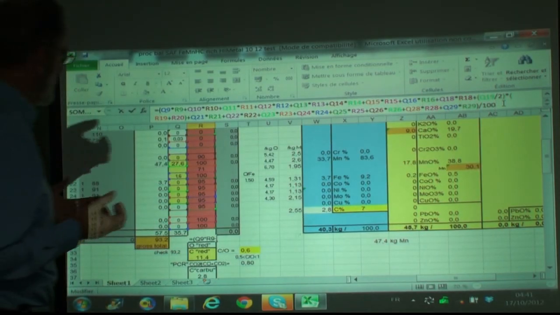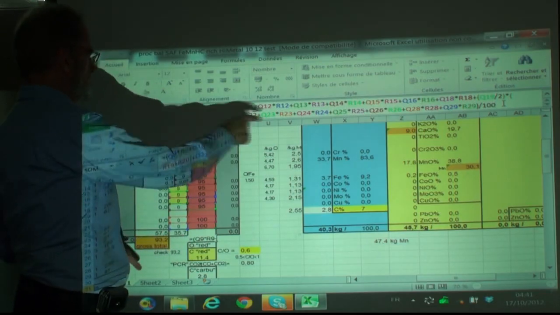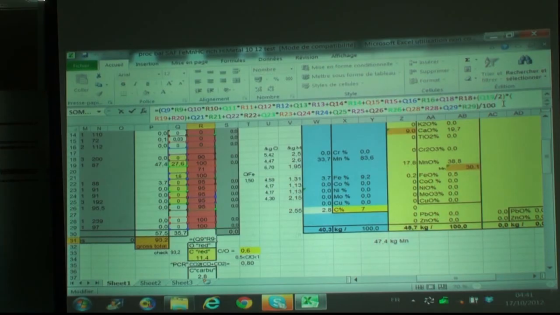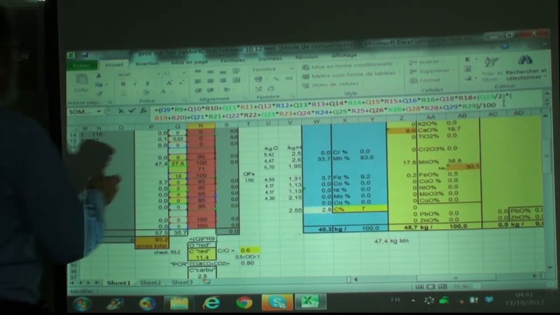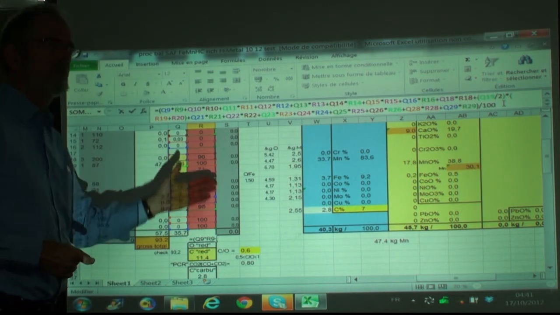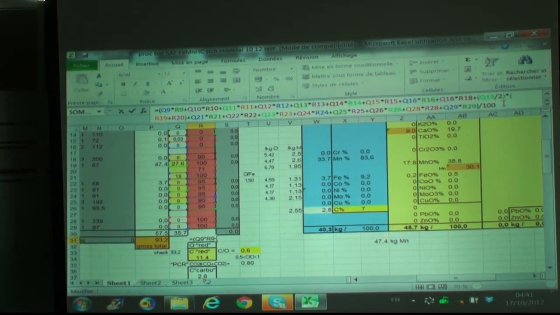And so this sum is just the sum of the oxygen that is really removed by the reduction. And it is just multiplying the oxygen by the reduction yield. You agree?